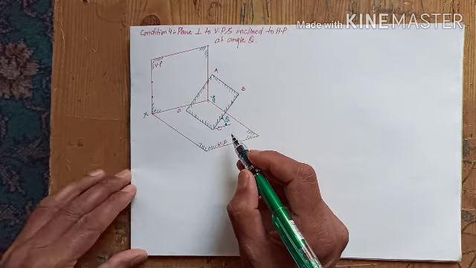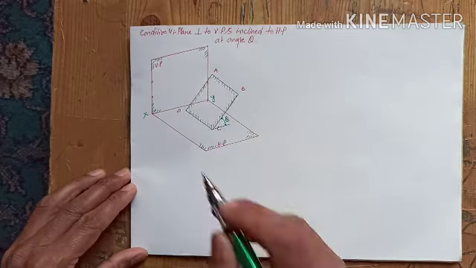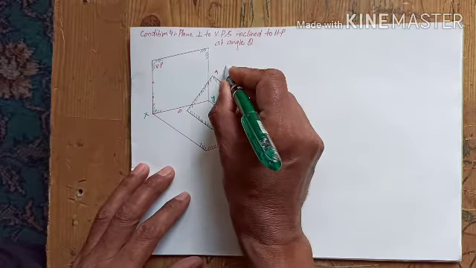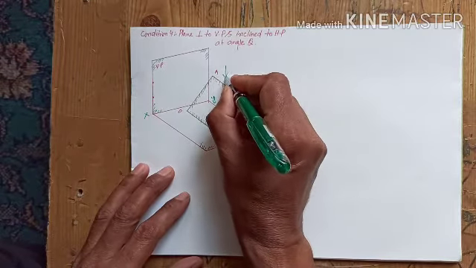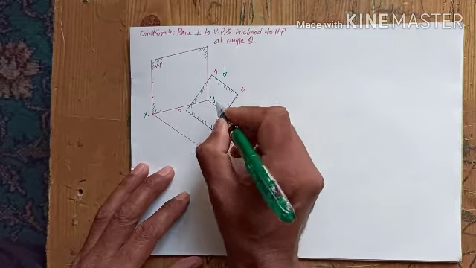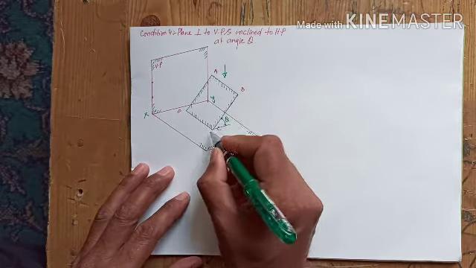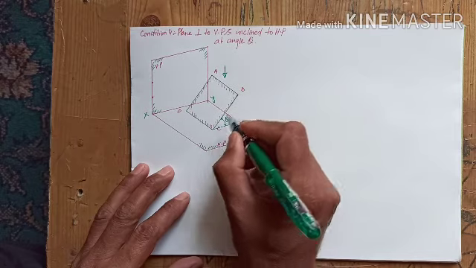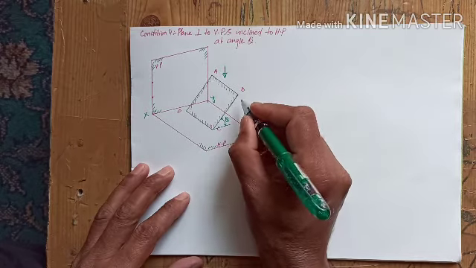How can we draw its projections? Let's first understand. If we see the plane from the top, since this plane is at an angle, we cannot see its top view as true shape.